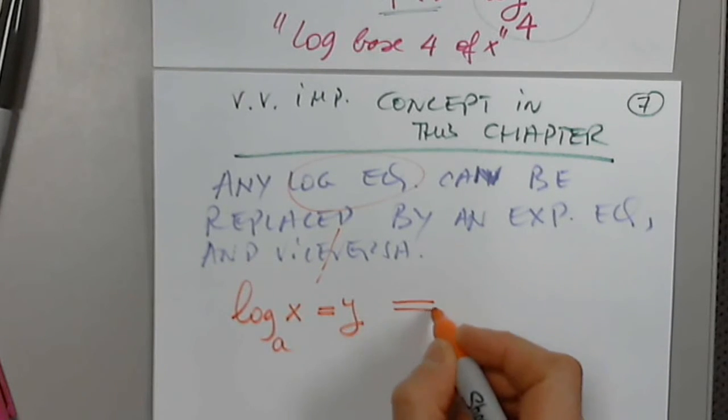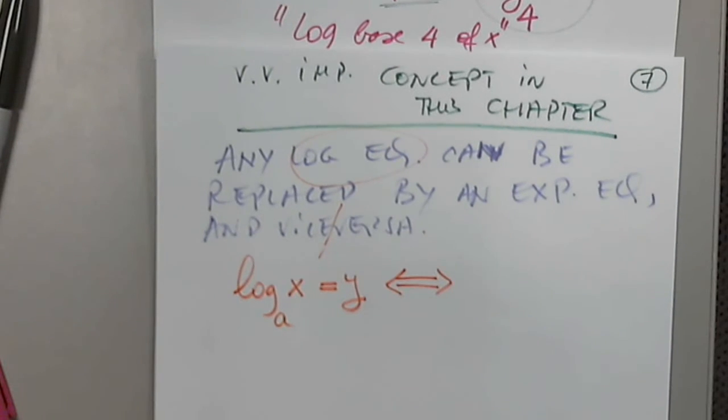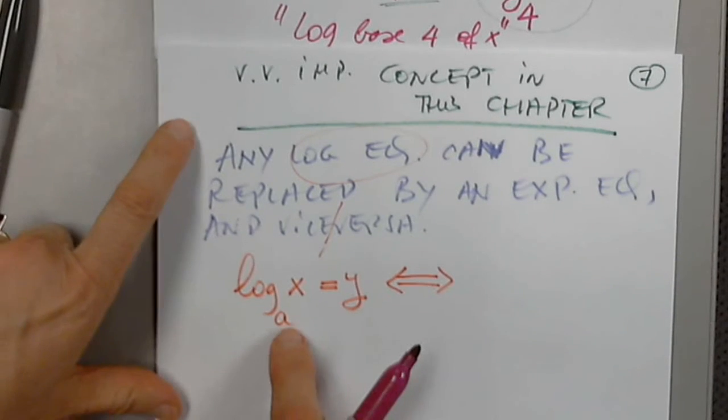Now, this is a very important symbol. It's the double equivalency symbol. What does this mean? It means that this will give us this, or this will give us this. So please pay attention how we change this into an exponential equation. We have to start with the base.